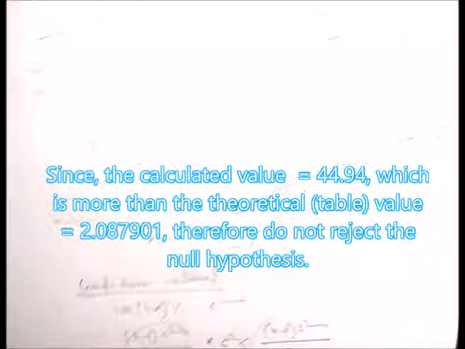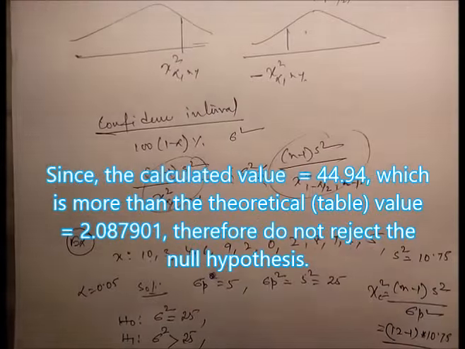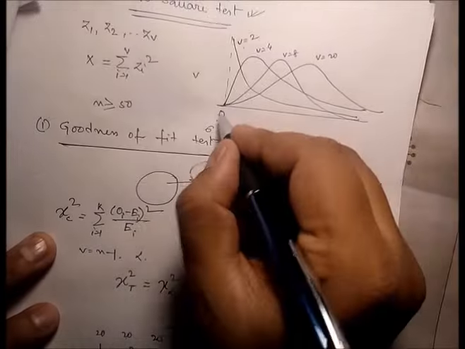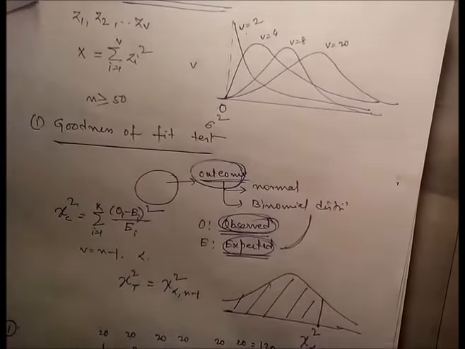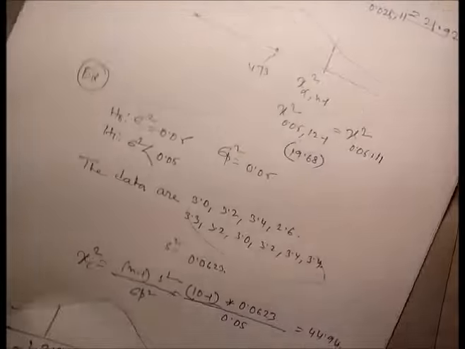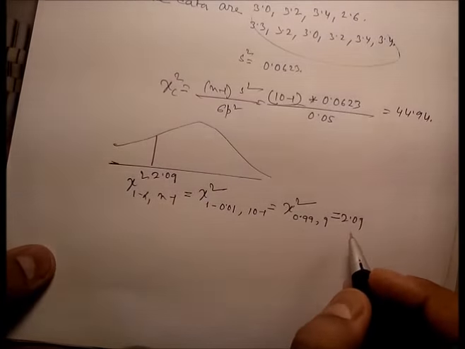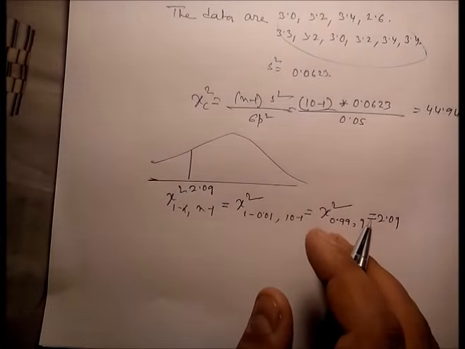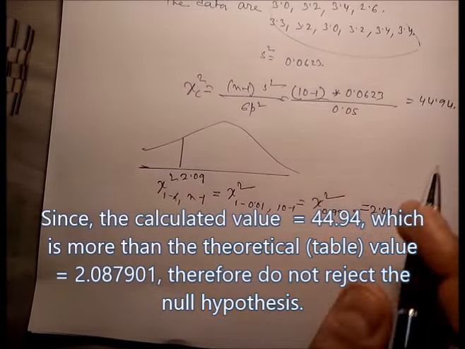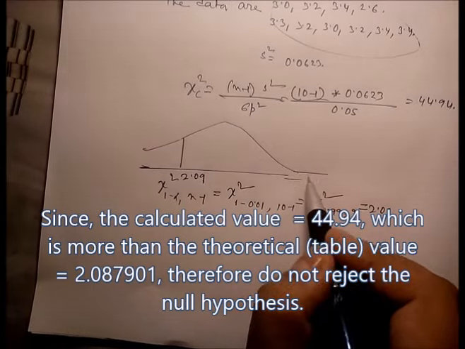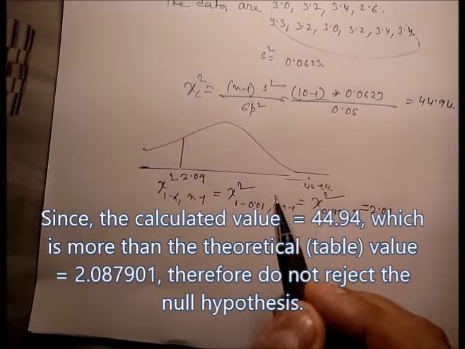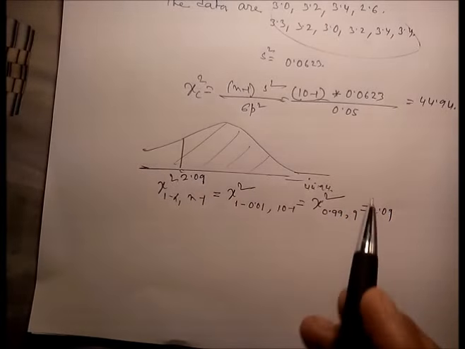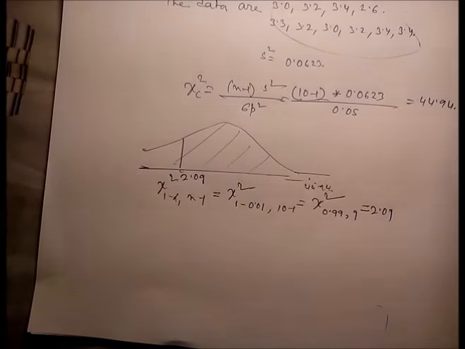Here there is one mistake: it should not be negative, it should be positive, as the table starts from 0. So the table value is 2.09, and our calculated value is 44.94. Since it is more than this table value, we do not reject the null hypothesis.